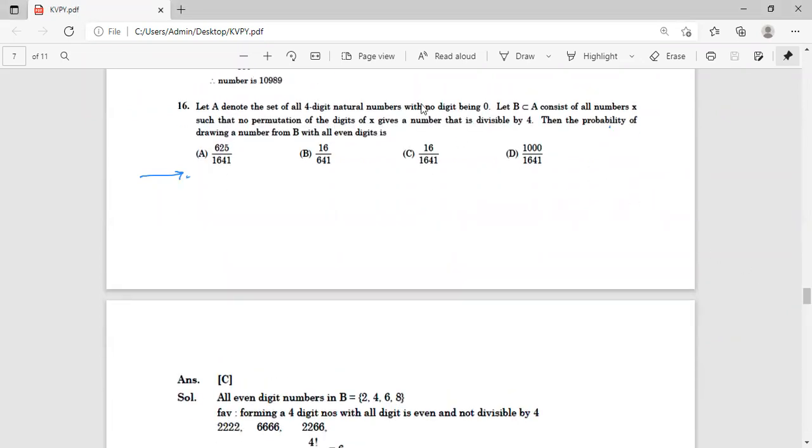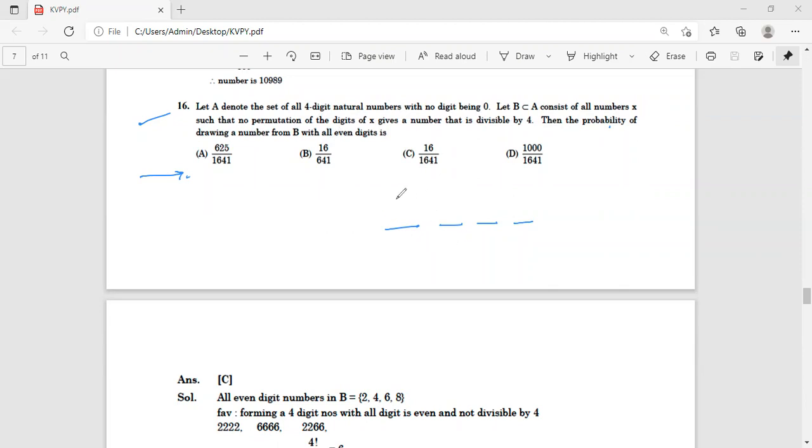So very nice question. A denotes set of all 4-digit natural numbers with no digit 0. B is subset of A consisting of all numbers x, so that no permutation of digit x gives the number that is divisible by 4.